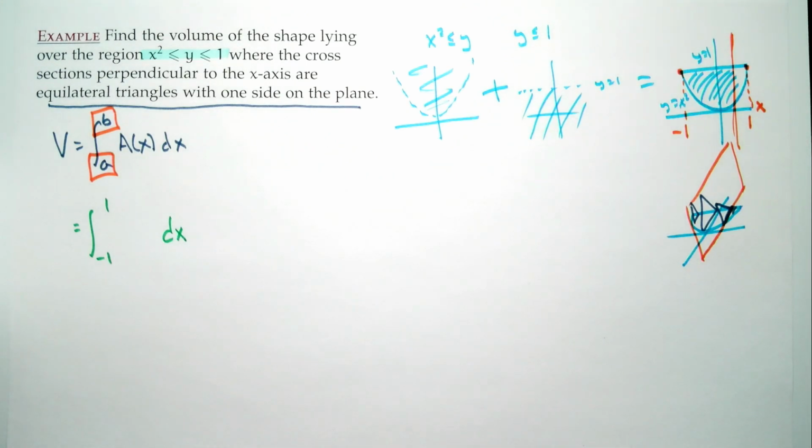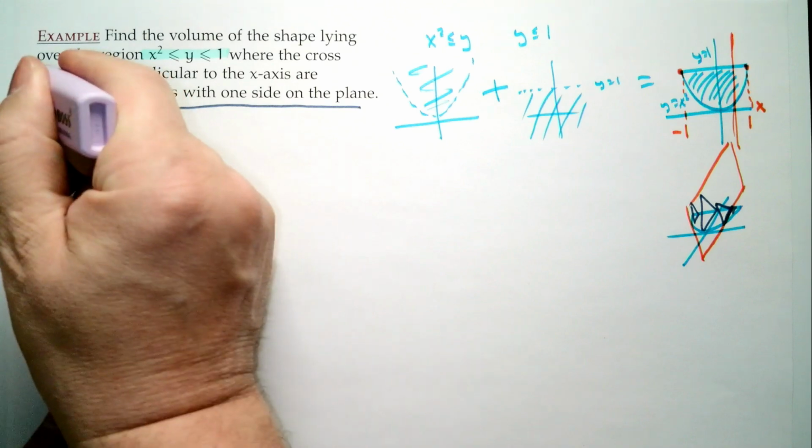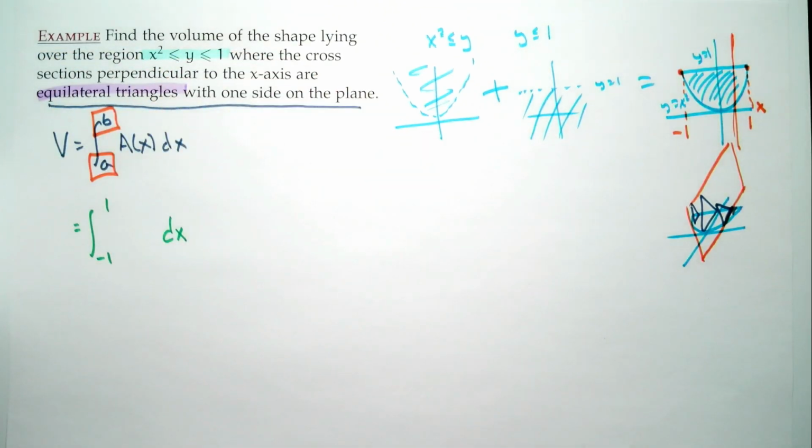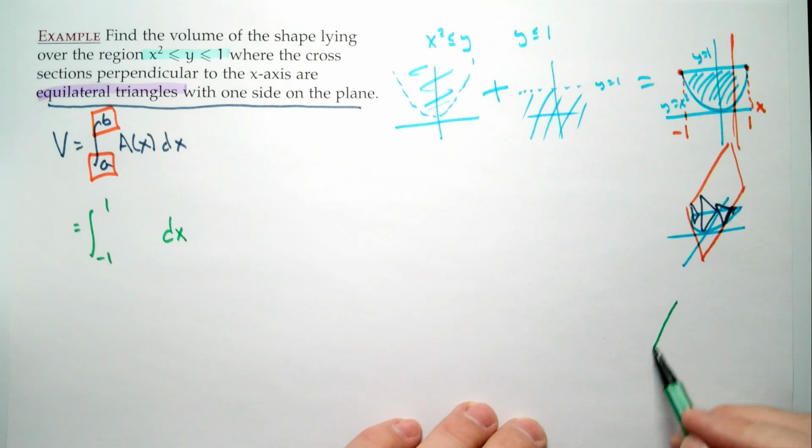Now the area is built off of what's happening in our cross sections. And we know our cross sections are equilateral triangles. So what we should figure out is the area of an equilateral triangle. Let's just make some notes down here.